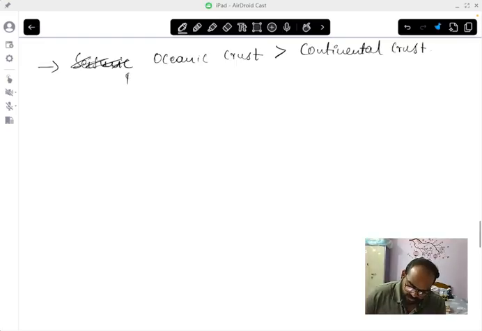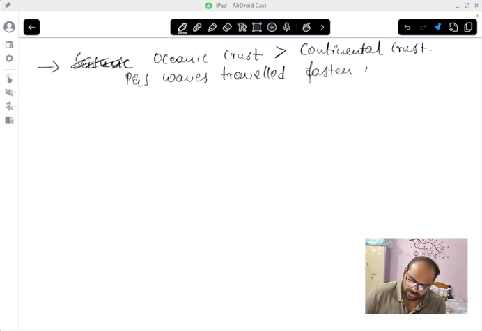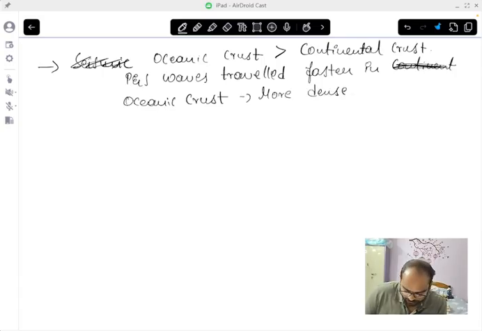P and S waves traveled faster in the oceanic crust, indicating it is more dense.